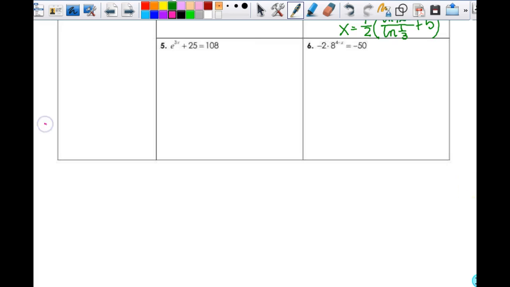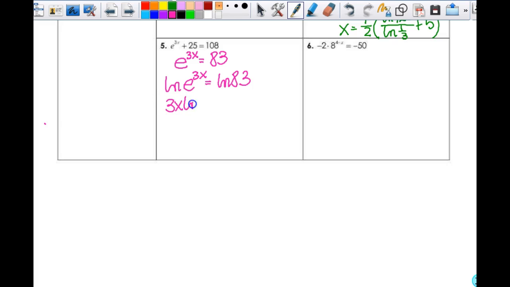So, is my exponential isolated? No, it's not. So what do I need to do first? Subtract 25. So that's going to give me e to the 3x power equals, what's 108 minus 25? 83. Okay, so now I have my exponential isolated. I can take the log of both sides. So the natural log of e to the 3x power equals the natural log of 83.